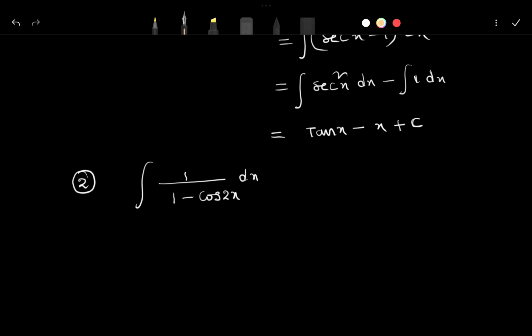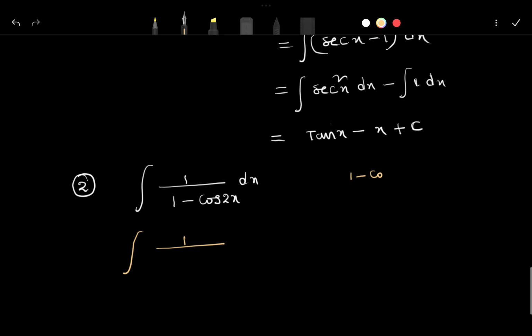We can write this as the integration of 1 by 1 minus cos 2 theta, as you know from trigonometric applications. One more thing, everybody please remember: while doing the differentiation and integration chapter, we should recall all trigonometric formulas. 1 minus cos 2 theta is equal to, what is this value? 2 into sine square theta.